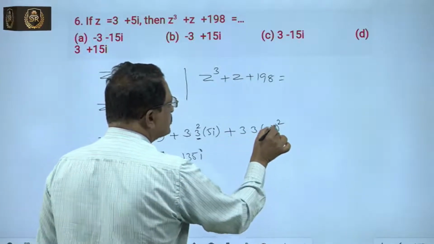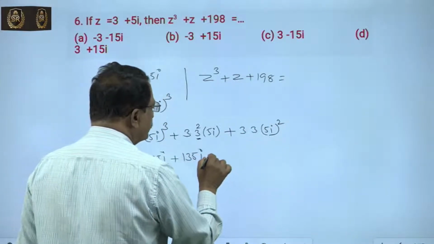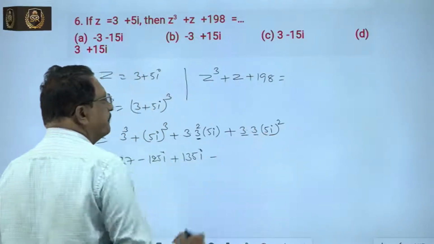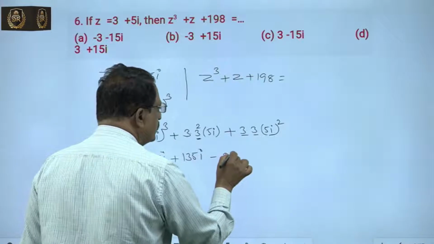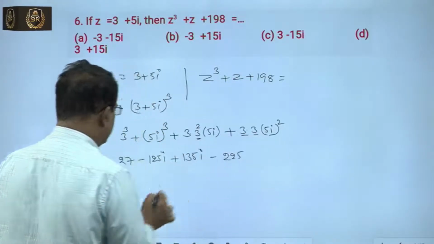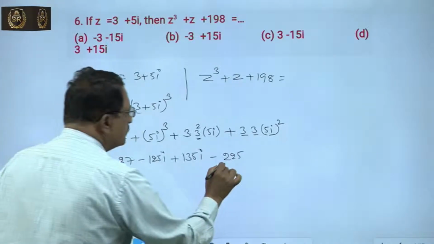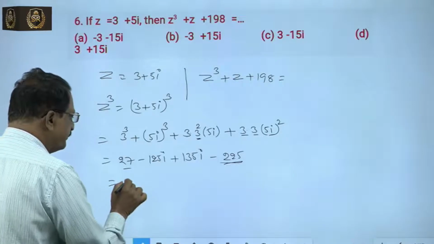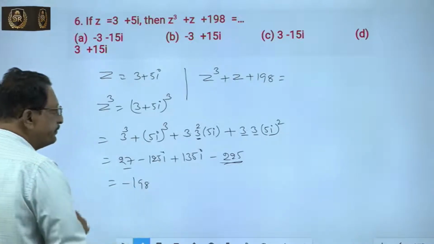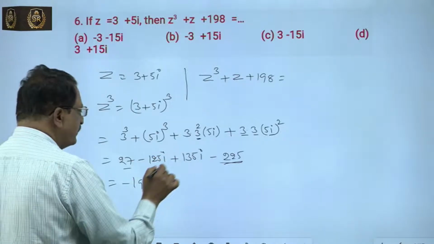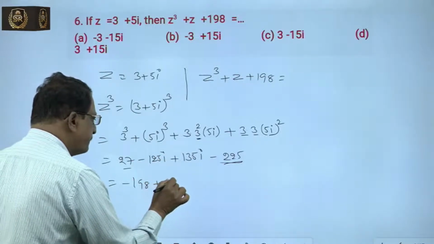Here i square equals minus 1, so minus 3 into 3 is 9, into 5, 225. Now that equals minus 225 plus 27, that equals minus 198, and minus 125i plus 135i is plus 10i.